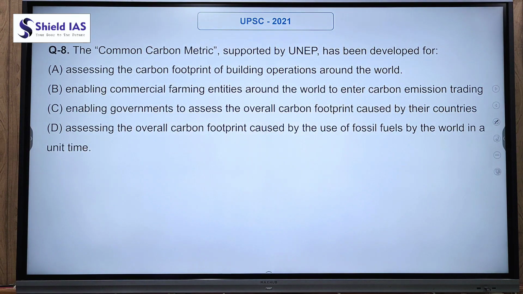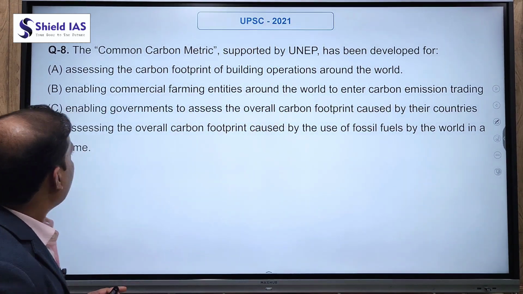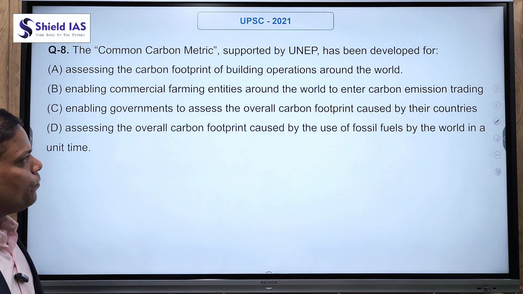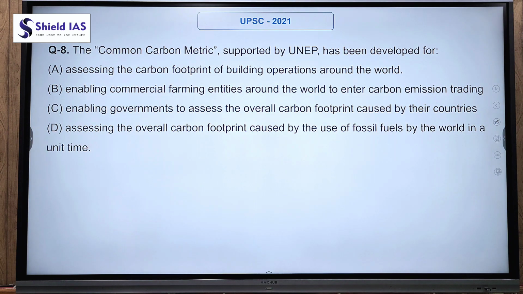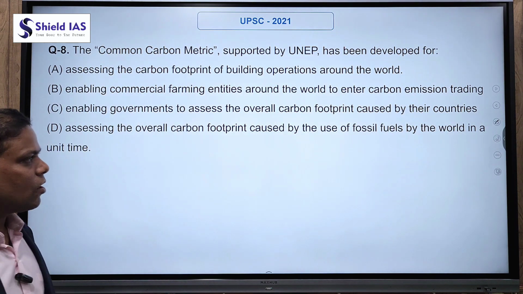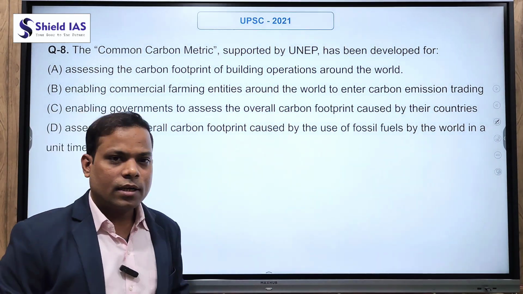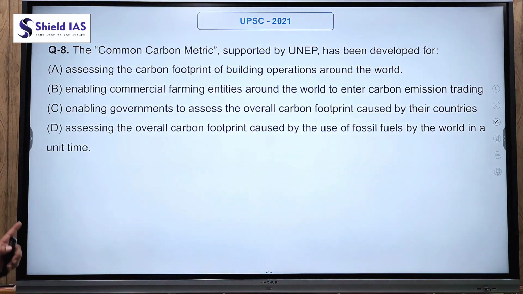The question says that the common carbon metric supported by UNEP has been developed for: option A, assessing the carbon footprint for building operations around the world. Second, enabling commercial farming entities around the world to enter carbon emission trading. C says enabling governments to assess the overall carbon footprint caused by their countries. So the options are related to carbon footprint.